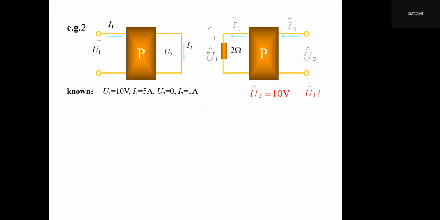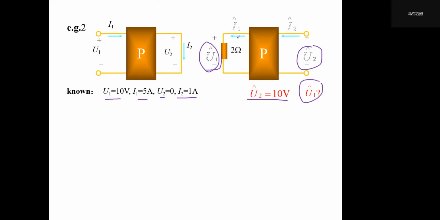We know that for U1 equals 10, I1 equals 5 amperes, and U2 equals 0, I2 equals 1 ampere. We would like to know, when U2 equals 10, what is the value of U1? Obviously, this is a very good case for applying Tellegen's theorem.